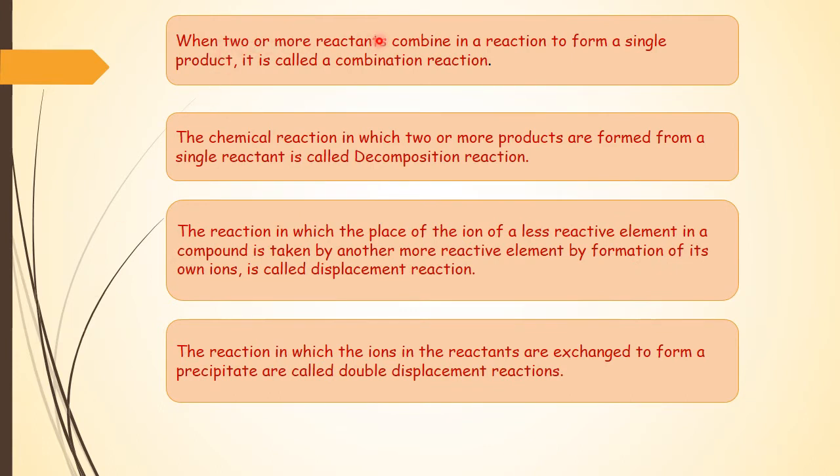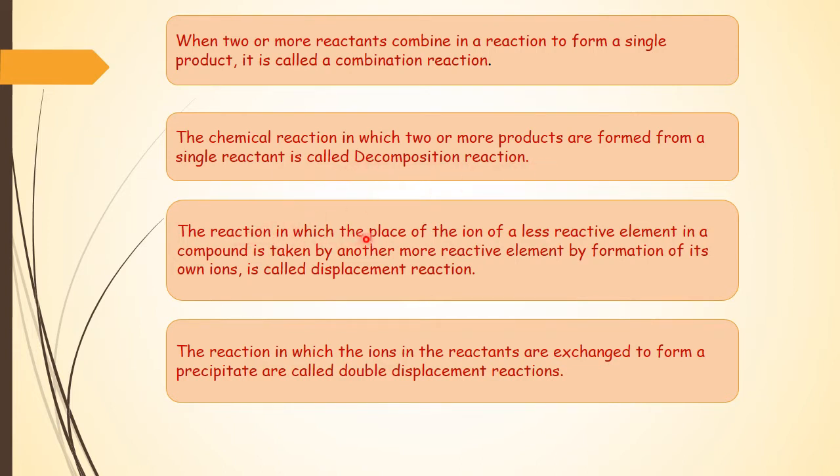When two or more reactants combine in a reaction to form a single product, it is called combination reaction. The chemical reaction in which two or more products are formed from a single reactant is called decomposition reaction.